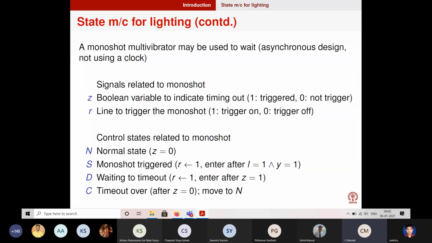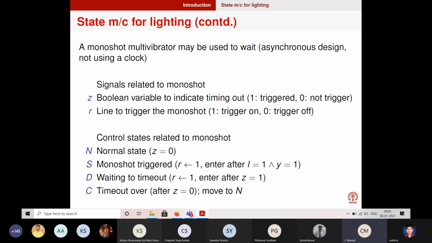Think of the trigger input as a Boolean variable: it is 0 if you are not triggering and 1 if you trigger. The trigger is edge sensitive, meaning if you leave it at 1, only the 0 to 1 transition is the trigger.